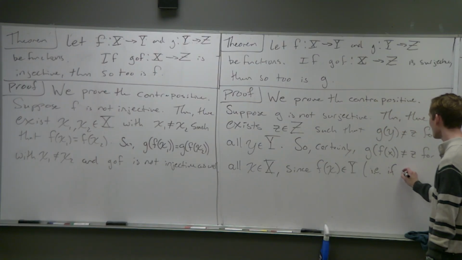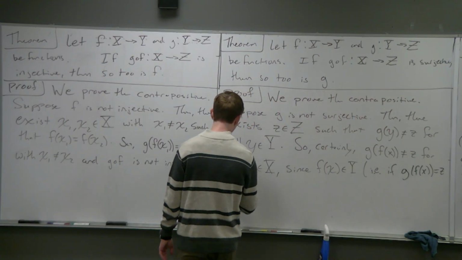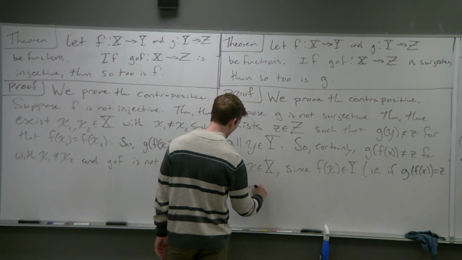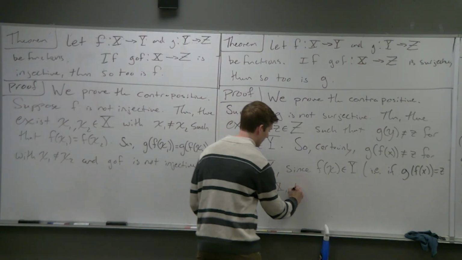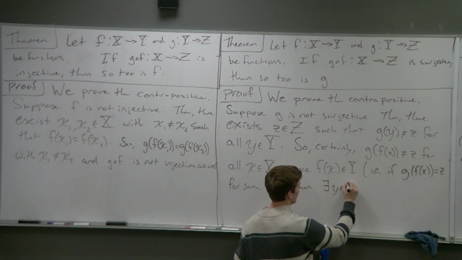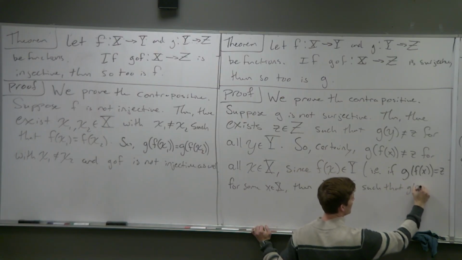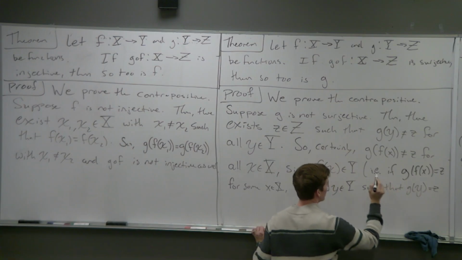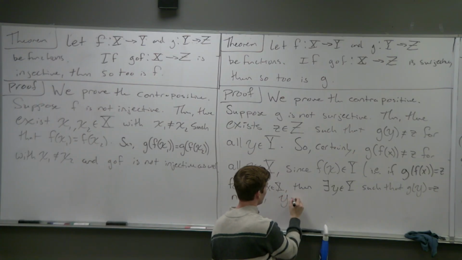To be clear, if g of f of x equals z for some x in X, then there exists y in Y such that g of y is equal to z, namely, y is equal to that value f of x.